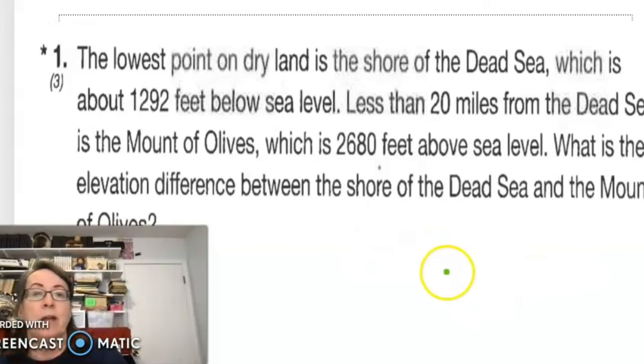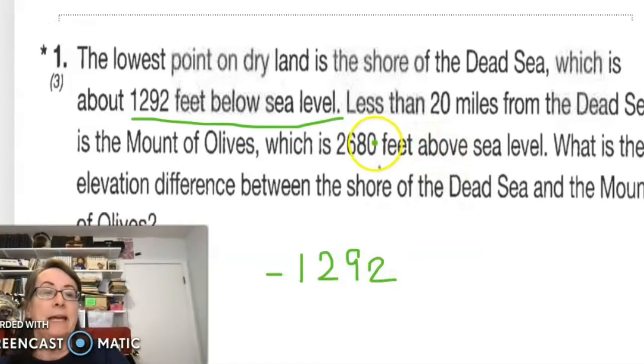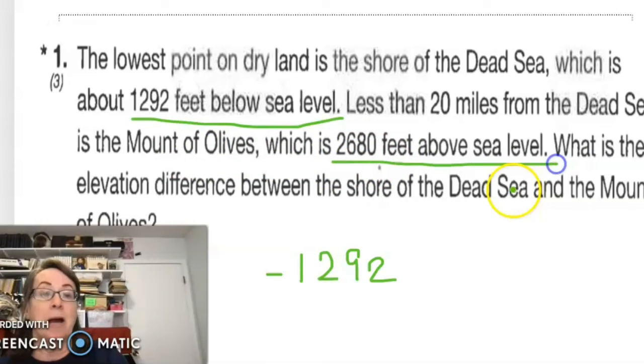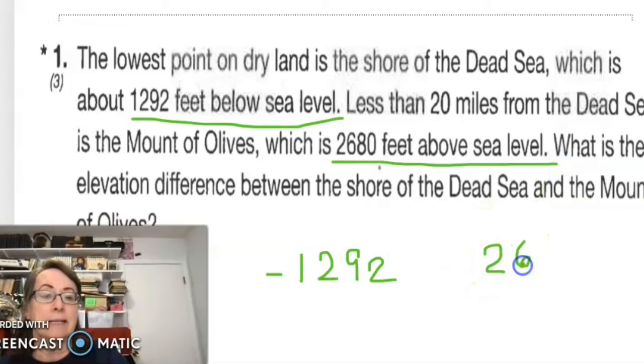Okay, so we know that the shore of the Dead Sea is below sea level. So we're going to give it a negative 1,292. It has a negative elevation, doesn't it? And then we have the Mount of Olives, which is 2,680 above. So we're going to give that a positive 2,680.